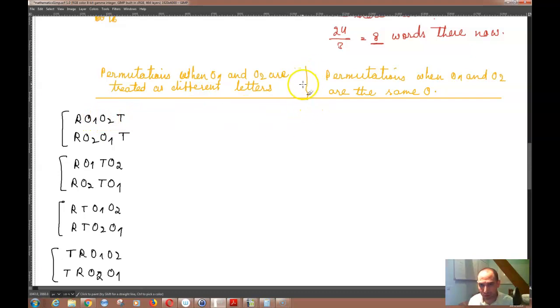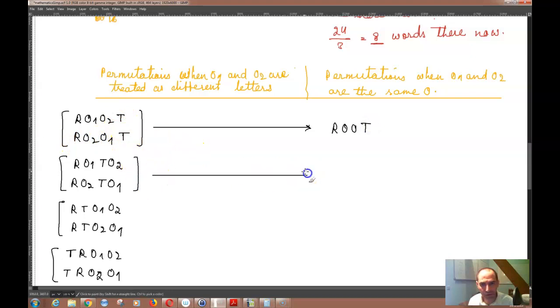Now if I treat the O1 and O2 as the same letter O, what I will get is that, for example, for these two, I will simply get ROOT in both cases. For these two, I will simply get, for example, ROTO.